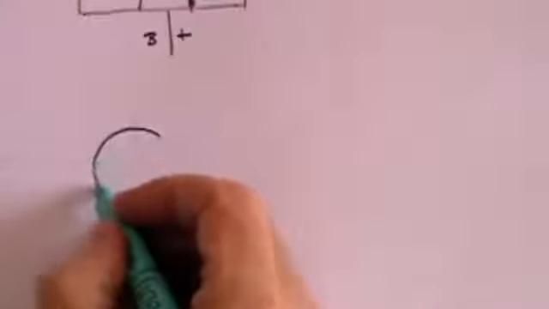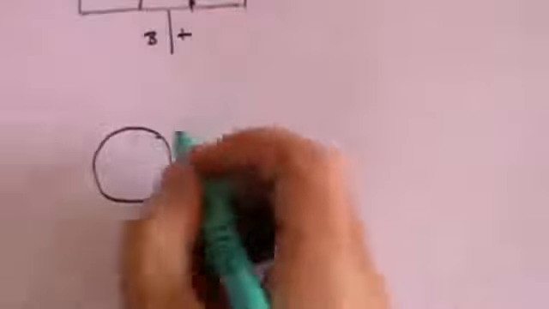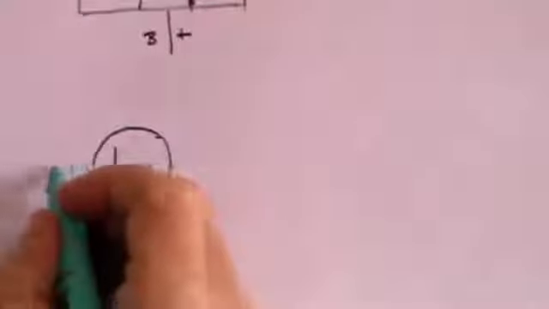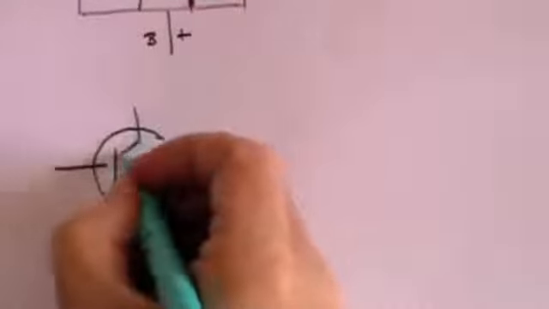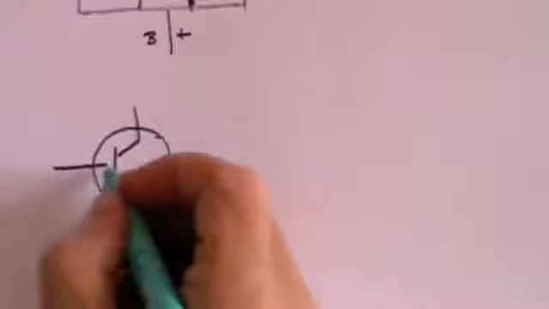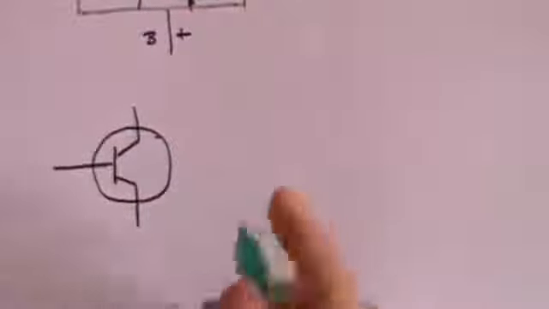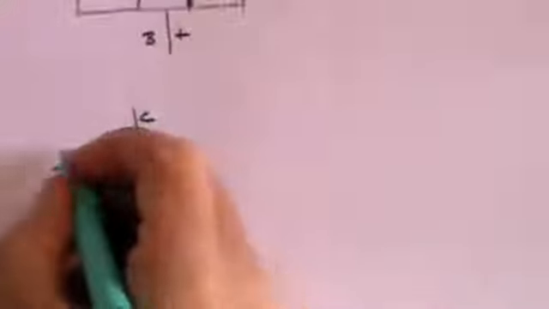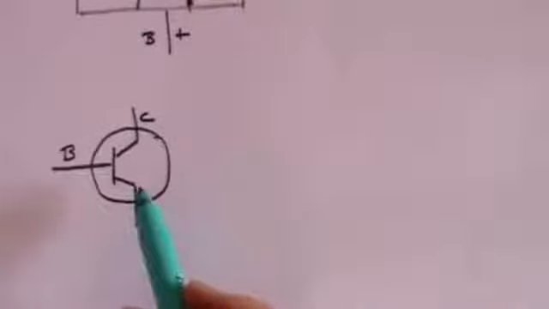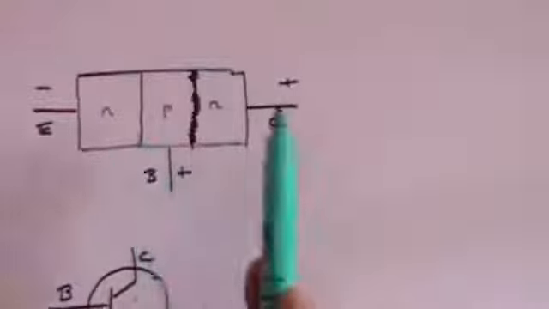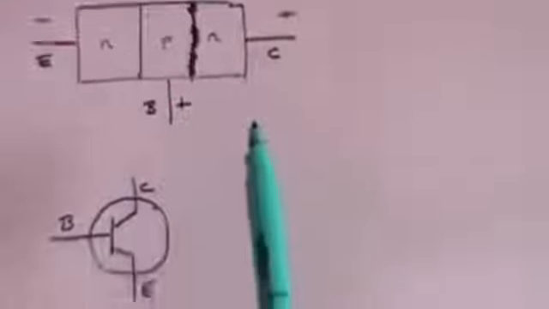Now, in electronic circuits, you will find that a transistor is usually represented by a symbol of this kind of form. And in this case, this is the emitter, this is the collector, and this is the base. So this is just a schematic representation of this semiconductor material here.